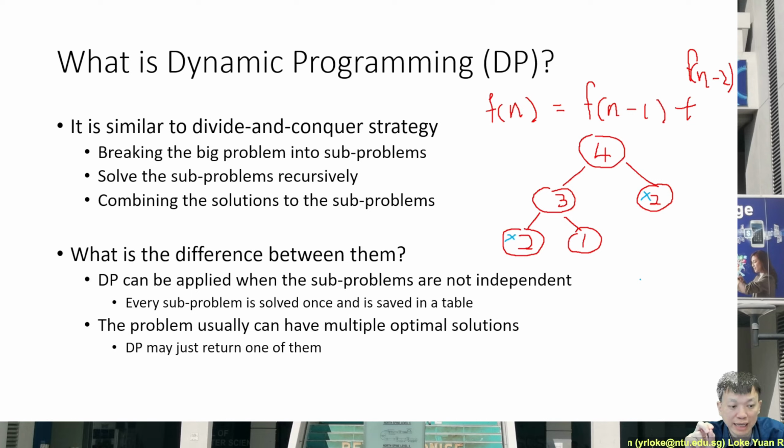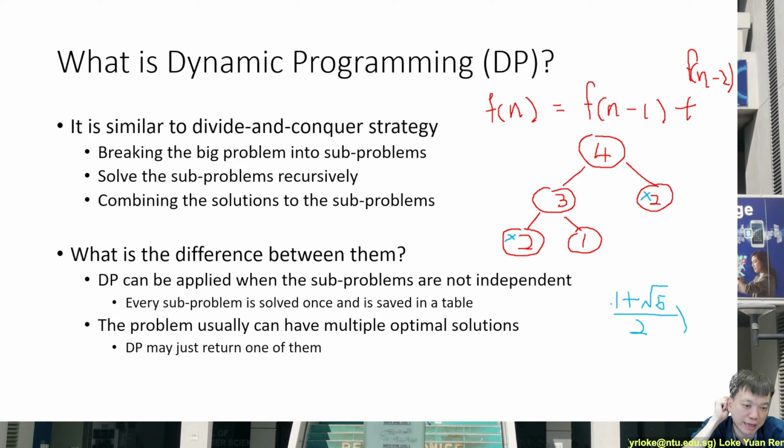If you don't do that and you still use the recursive approach to find the Fibonacci number, you will find that the computational time is exponential. I mentioned in the first lecture that the computational time is (1 plus square root 5) divided by 2.